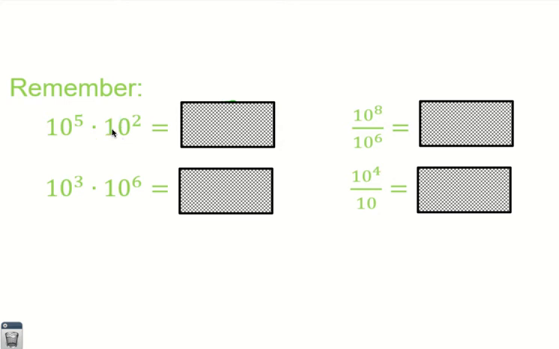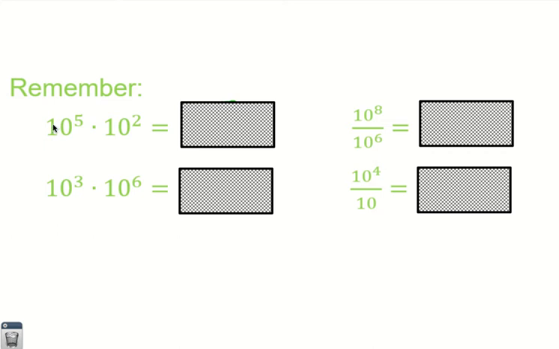It's going to help a lot to remember from last chapter these basic rules of exponents. I hope you remember this. We just took a test on it, probably last class we were together. So how do we do 10 to the 5th times 10 to the 2nd?